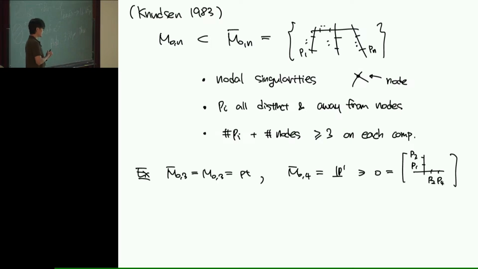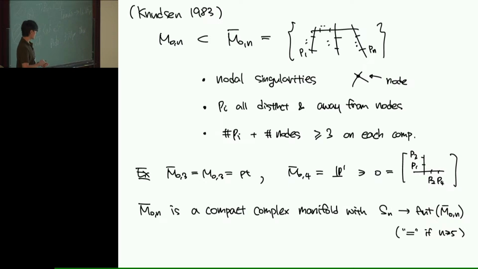So for example, when n is equal to 3, then it is already compact, so it's a point. And when n is equal to 4, we need to fill in the 3 points. And at each of the 3 points, for example at 0, we sprout a new component, a new P1, when 2 points collide. So here we have two more points, and we can separate the 2 points to be distinct.